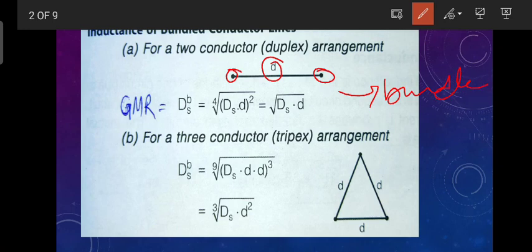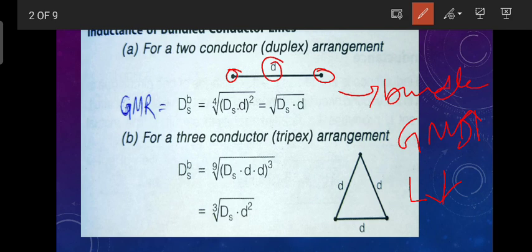By increasing our self GMD, the inductance will be decreased considerably, with the incidental advantage of increased transmission capacity in the line.